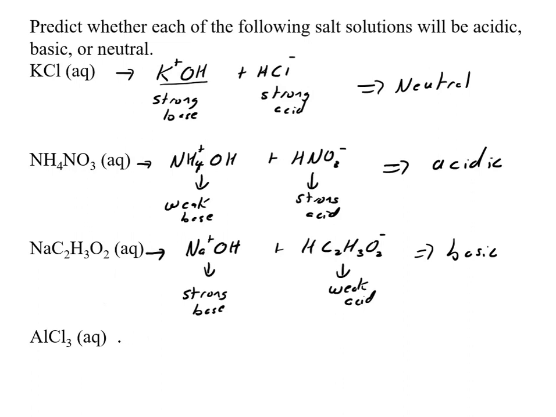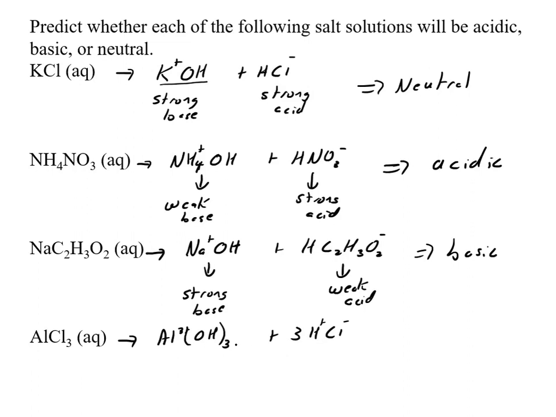The last example is aluminum chloride. So aluminum is a 3+ charge. So OH. For this exercise, you don't have to worry about that. It actually becomes Al(OH)3. But again, it doesn't really matter. What I want to look at is aluminum hydroxide. So in reality, this is Al(OH)3. I have chloride minus and H plus. And so to balance it, it's 3.